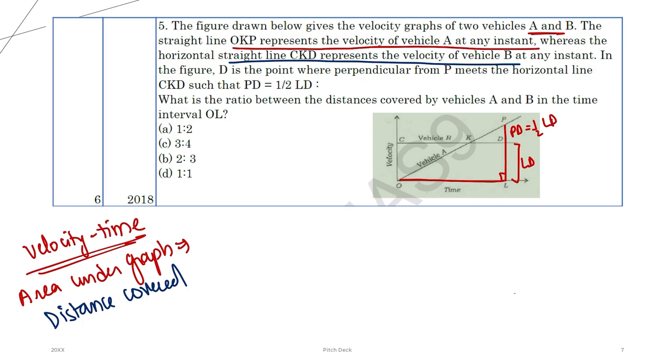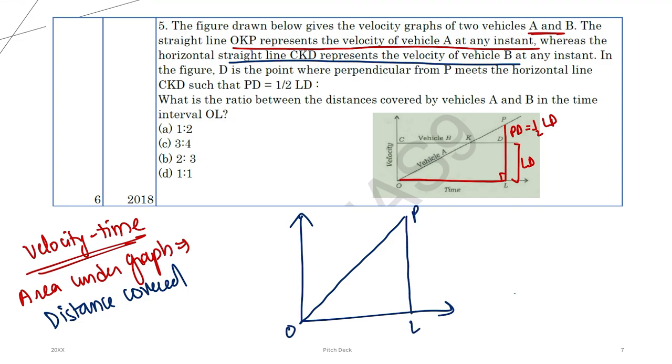How? We'll see. This is the graph for person A. This looks like this, and this is something like this, right? O, L, P, and some D point is here. Now, I have told you that the area under this graph gives you the distance covered by A.